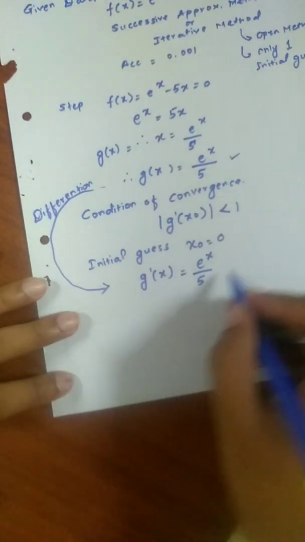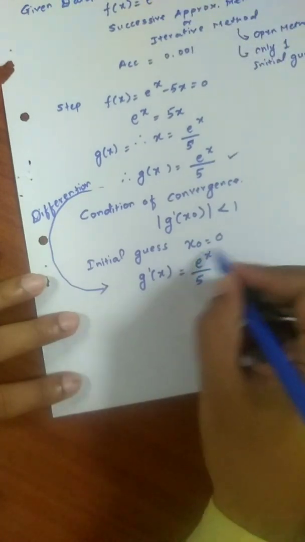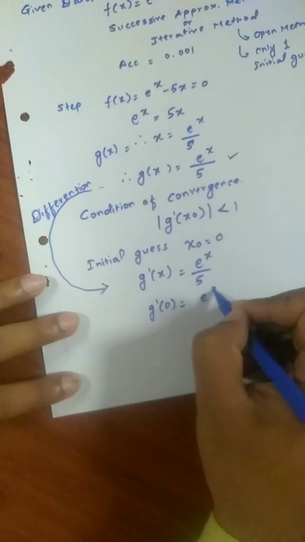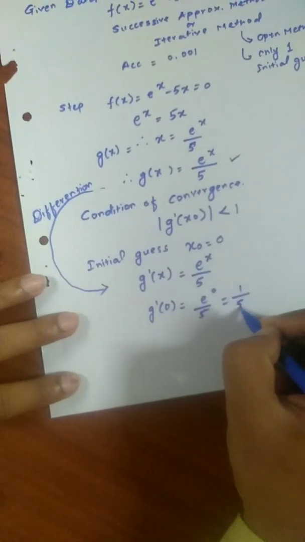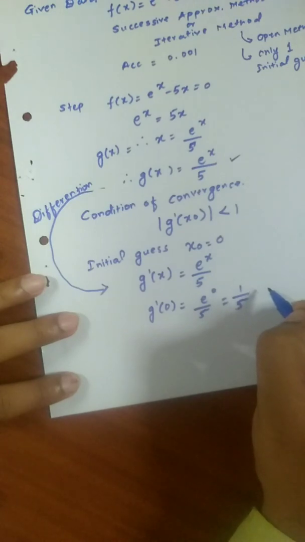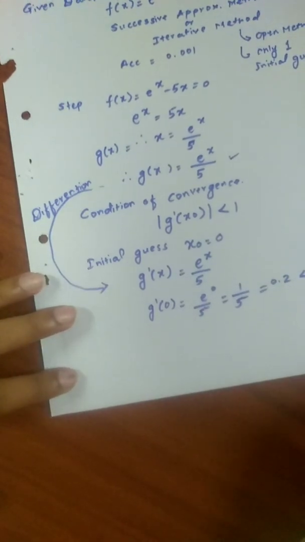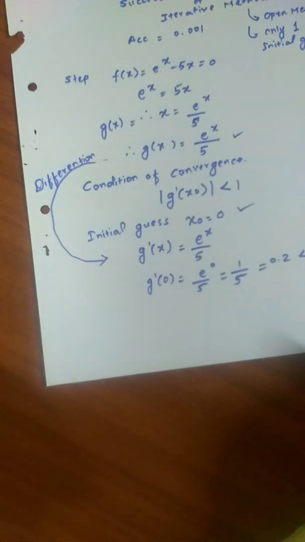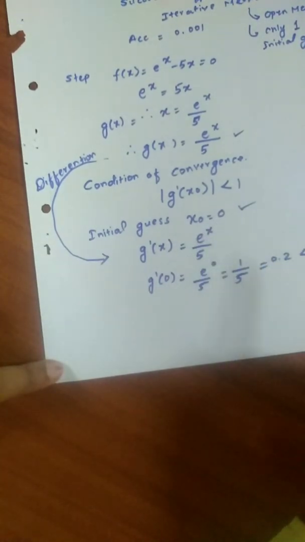Now further we need to check: for x0 equal to 0, g dash of 0 is equal to e raised to 0 divided by 5. E raised to 0 is 1, and 1 divided by 5 is equal to 0.2, which is less than 1. So our assumption of the initial guess is correct.